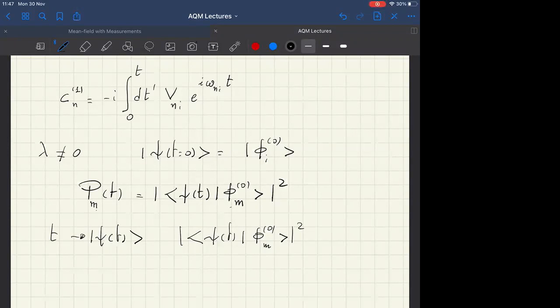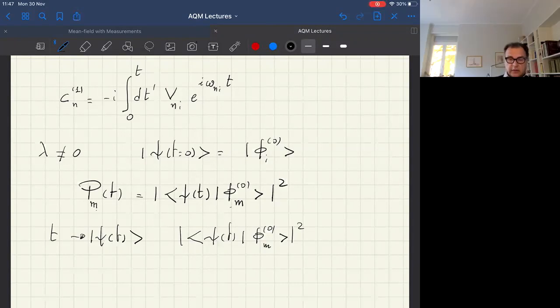Why is the case of lambda equal to 0 different? It's not different. I just wrote exactly the same, but simpler. So let me do it.